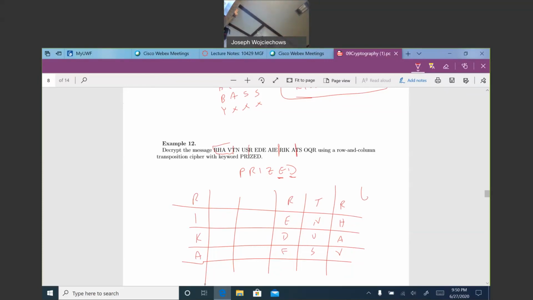And then the 5th thing is the second column. Or the second column is the 5th thing. We have T-S. Oops. Where did I mess up?